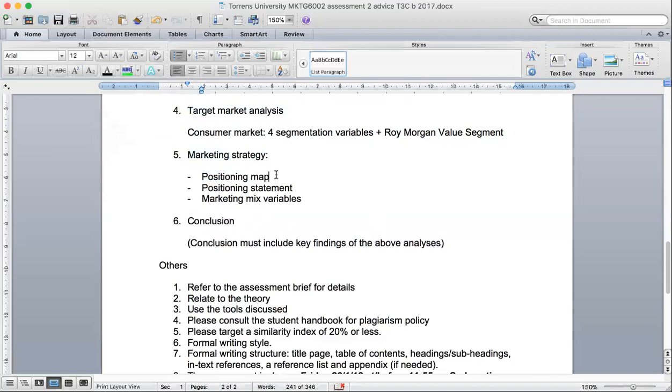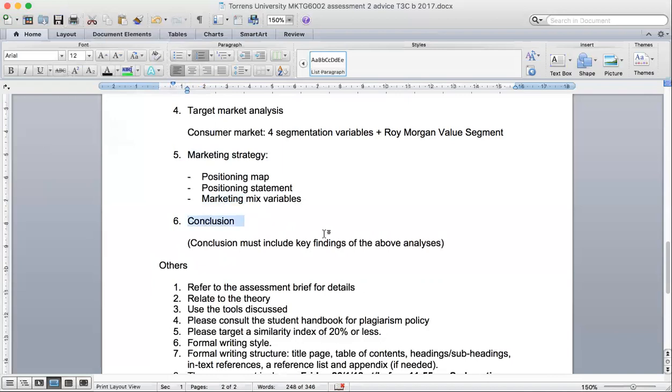We are going to discuss these concepts, positioning map and positioning statement, and also marketing mix variables in the next few weeks, okay? Positioning map and positioning statement will be discussed in the strategic marketing discussion, and if you refer to the presentation I have uploaded, it will be discussed in the next presentation actually. And following that, we'll discuss marketing mix variables. I believe this one will be discussed after we come back from the New Year's break.